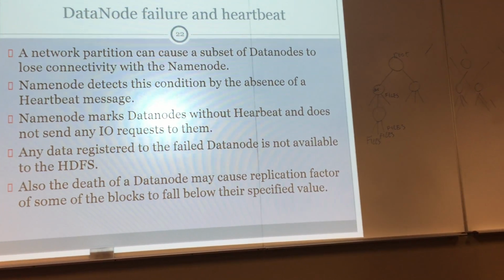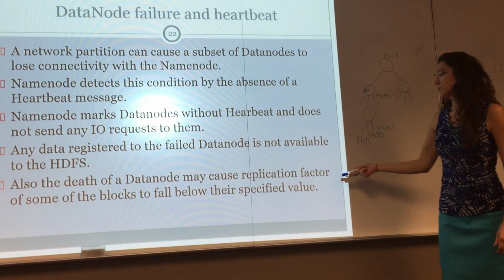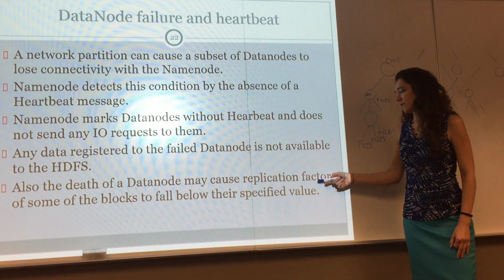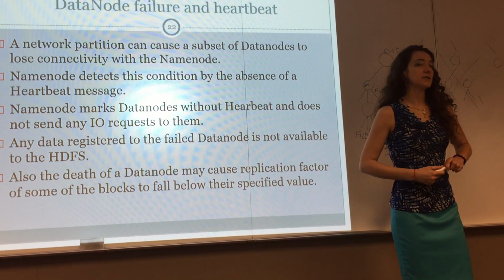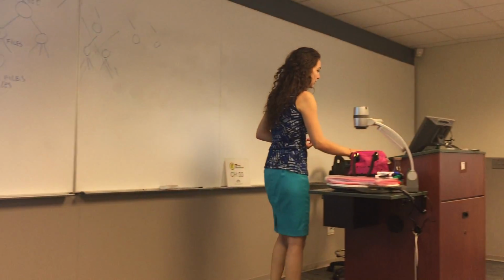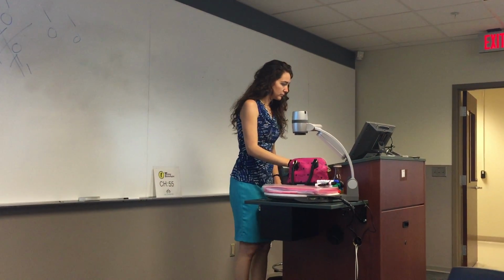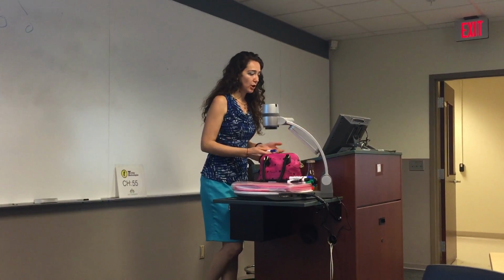We mentioned that each block is replicated 3 times. If we have a replication factor of 3, then obviously if some of the data nodes disappear, we will no longer have 3 copies of each block. And if that happens, we need to create more copies.